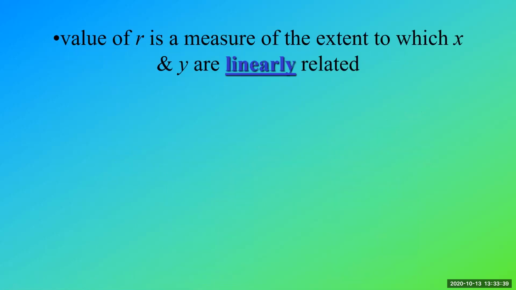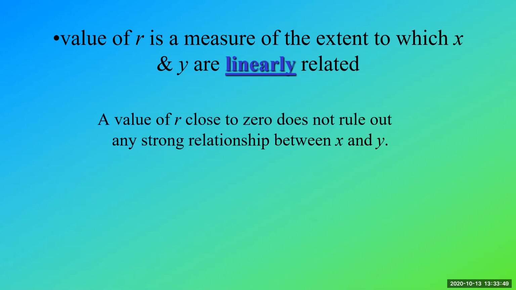The value of R is a measure of the extent to which X and Y are linearly related. So we're only saying how well it fits a line. A value of R close to 0 does not rule out any strong relationship between X and Y. It just means it's not a linear relationship. So if I have a set of data points that makes this graph, well, I could definitely see a shape, right?